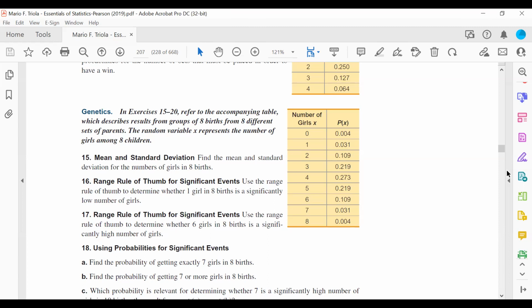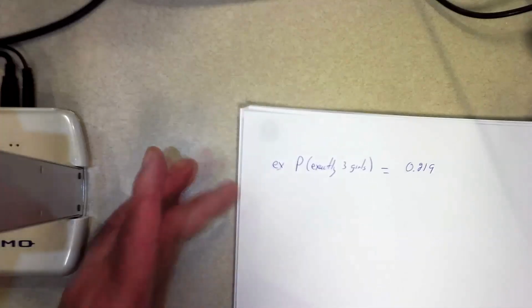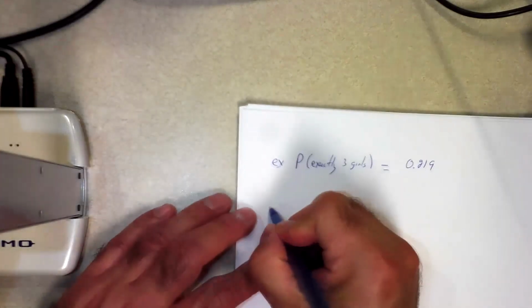To figure out exactly 3, you go to 3 and you look at the P of X. My P of X is 0.219. That's it. Your probability is 0.219. That's how easy it is. Bam. All right, do another one.